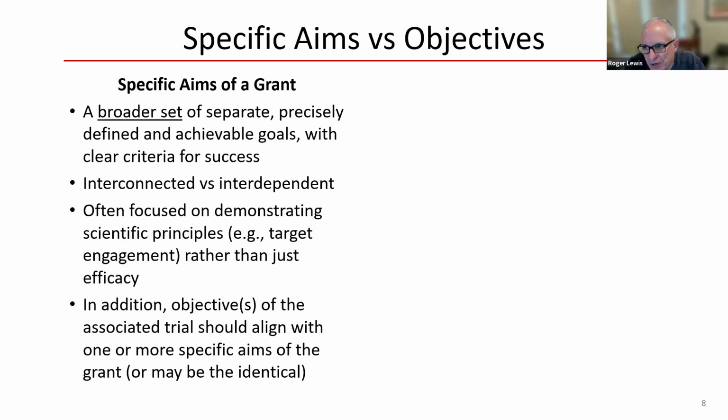There need to be very precisely defined and achievable goals with clear criteria for success. A lot of things that you will read will say each specific aim needs to have a hypothesis. I think that's overly restrictive, but there needs to be clear criteria for success. Sometimes that is demonstrating a hypothesis to be true or demonstrating a hypothesis not to be true.